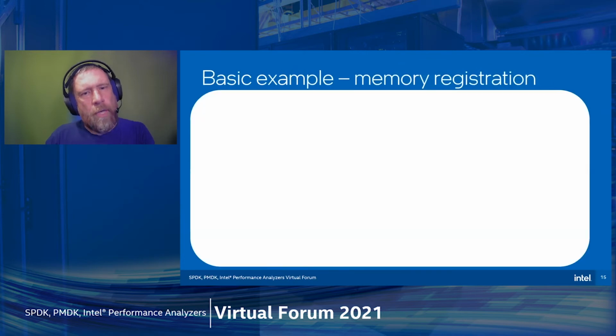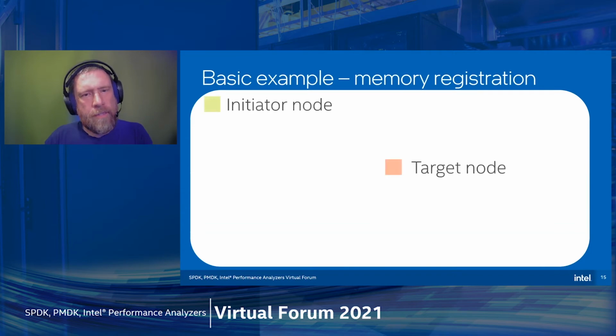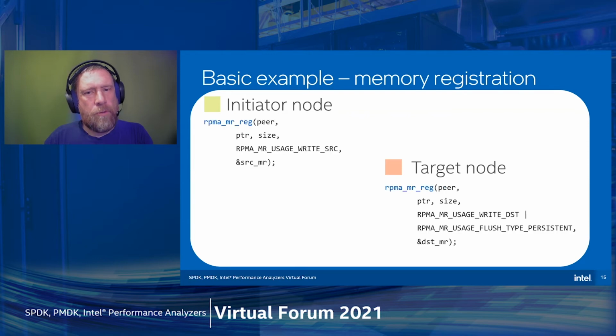I'll show you briefly how easily you can perform an RPMem transfer using the librpma library. This example will transfer a kilobyte of data from the initiator node to the target node. Before you can perform the transfer between nodes, you have to register the memory entries you want to use for the transfer. Every memory registration covers a memory region starting from a specific virtual address and of a specific size.